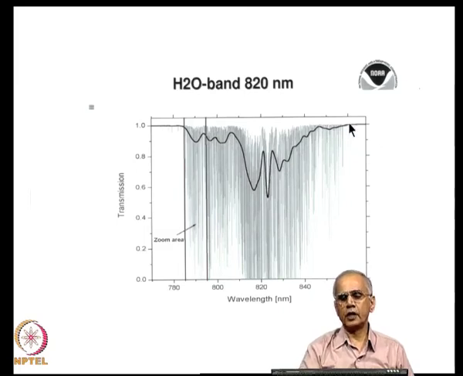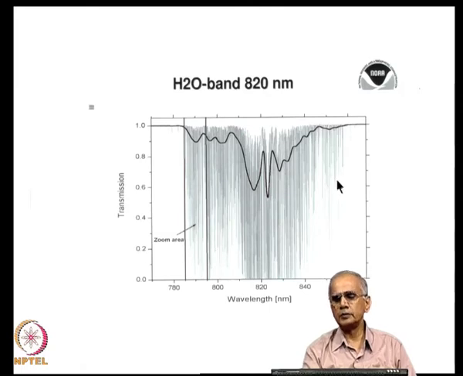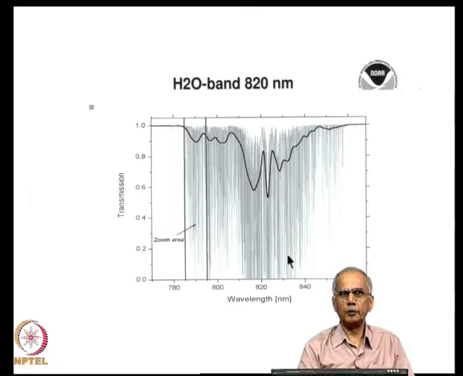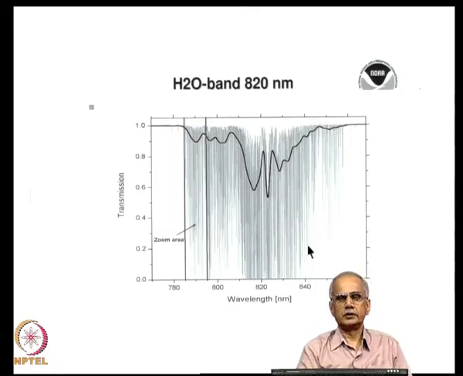But of course, if you calculate your radiative transfer based on this black curve, which is highly averaged, you will make errors, because there are a large number of lines, but between the lines there is a gap, and in that gap radiation can escape. So, that will be completely missed out if you use a very smooth function for this.